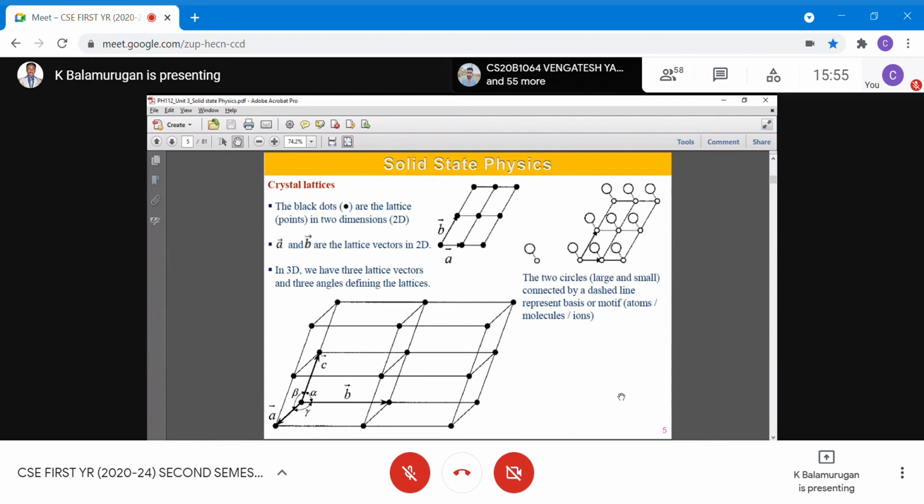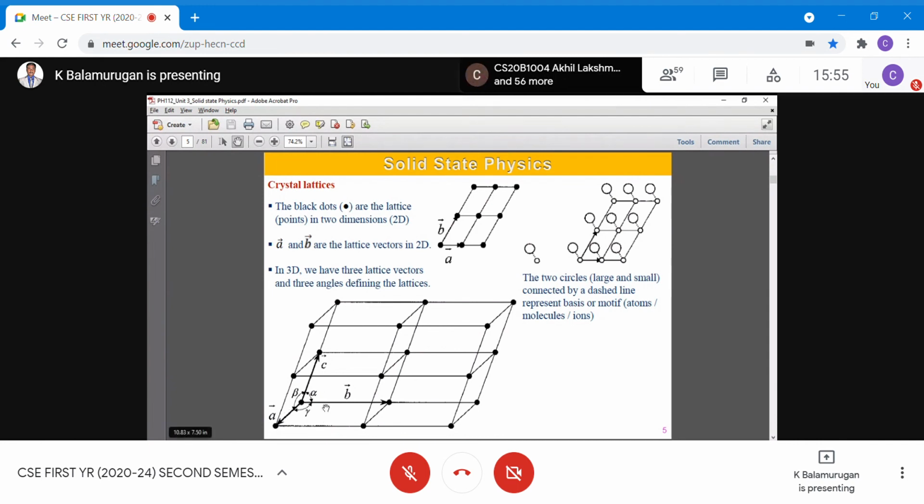Now, as you can see here in the bigger picture at the bottom, this is a 3-dimensional lattice. You can see that there is a periodic arrangement of points in 3 dimensions, along the x direction, y direction, as well as z direction. Now I define the distance between 2 points along the x direction as vector A. Vector A defines the direction, and its magnitude defines the distance between 2 points along the x direction.